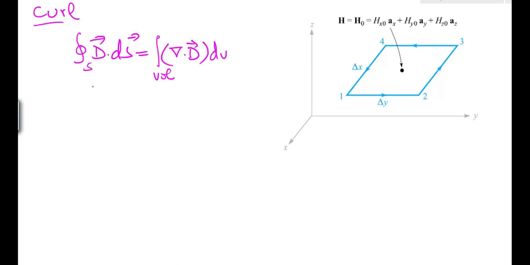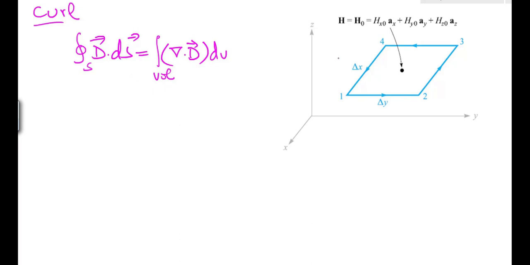So in the divergence theorem, we relate the closed surface integral to the volume integral, and we obtained this relation by applying Gauss's law to the differential volume element.